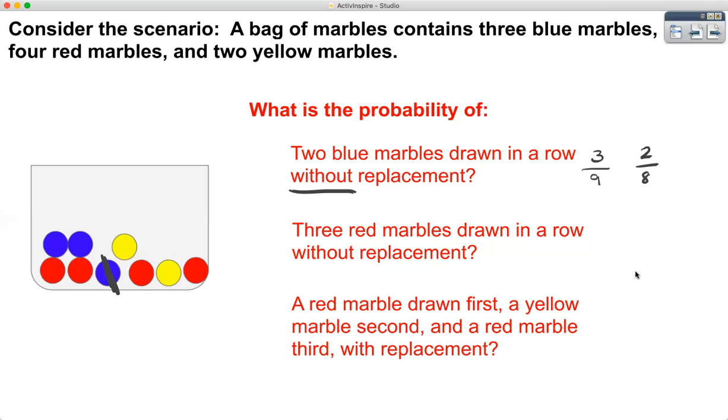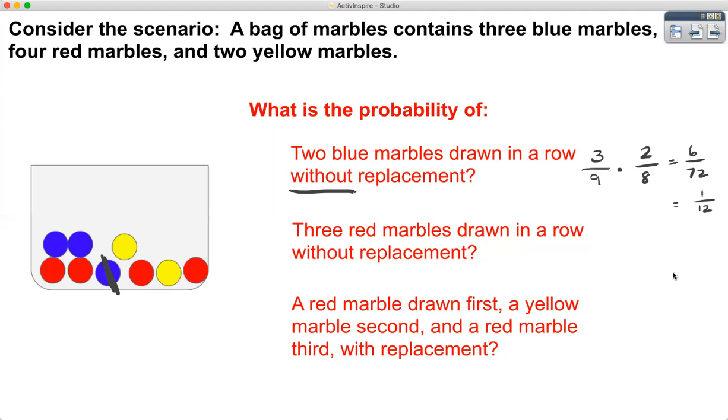And whenever we hear that word and, whenever we think about union and probability, we want to multiply these 2 fractions together. When you do that, you're going to end up with 6 over 72, and this could be further reduced to 1/12. So the probability of 2 marbles drawn in a row without replacement, 6 over 72, simplified is 1/12.